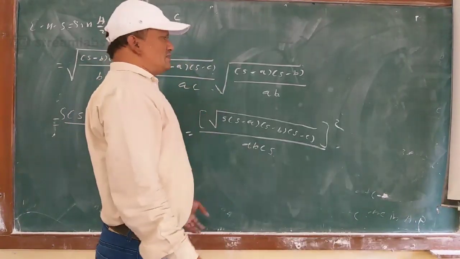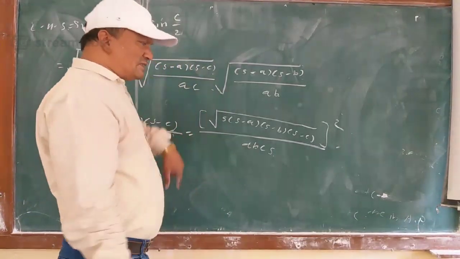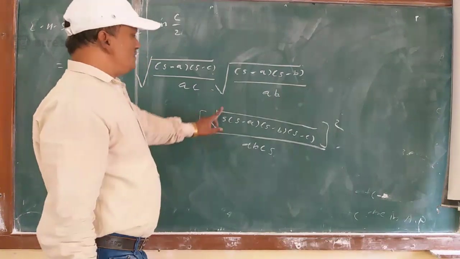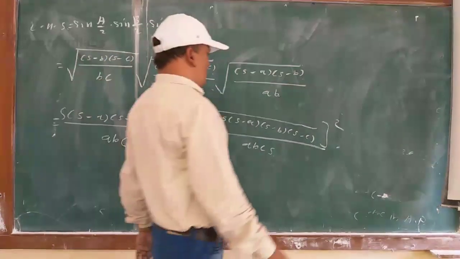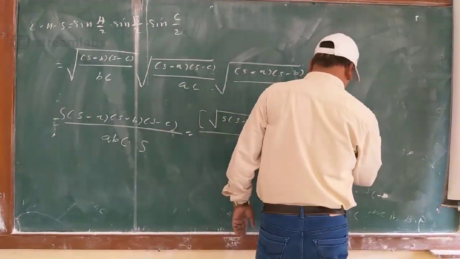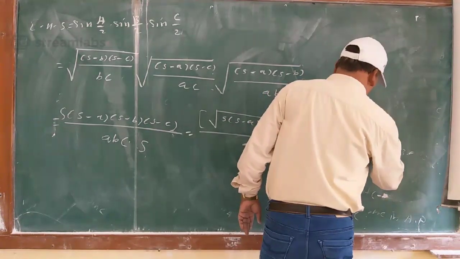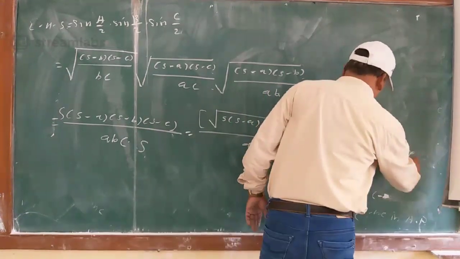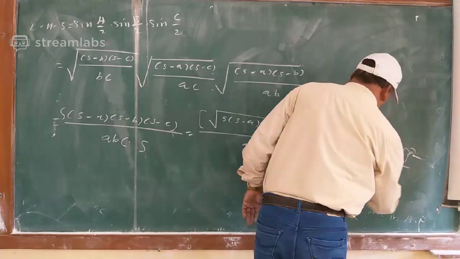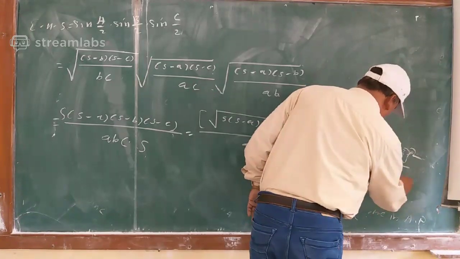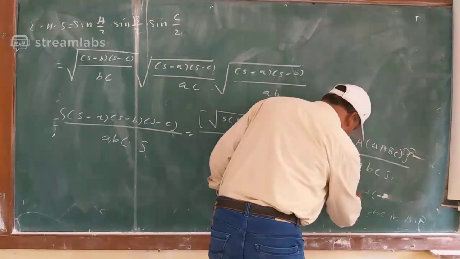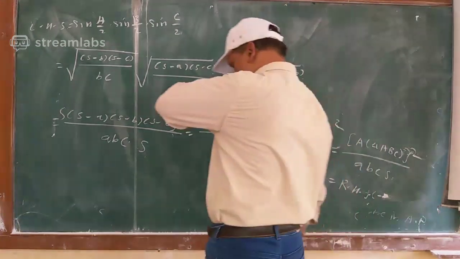But this root is nothing but, by Heron's formula, the area of triangle, and therefore it is area of triangle ABC square upon ABCS, which is RHS. So it is completed.